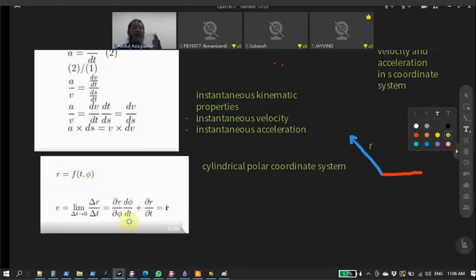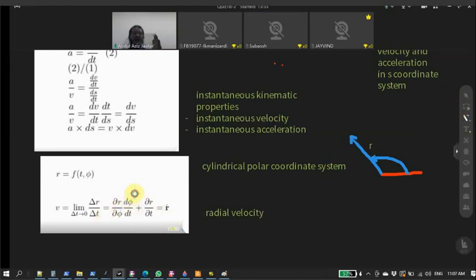So now when we want to evaluate the radial velocity, right? So this one is radial velocity. So it says that for this radial velocity, the angle does not change with time, so that we consider only the right hand part of this equation, right?